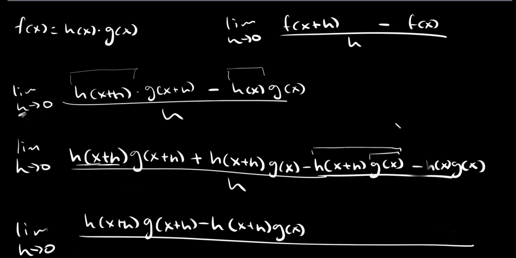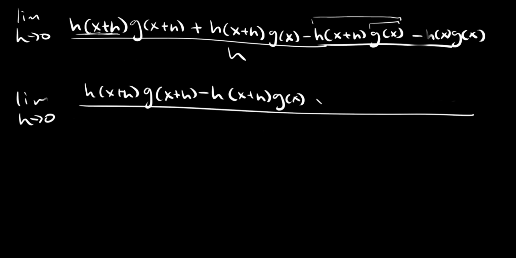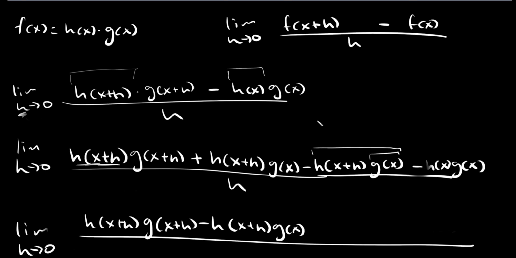Because I'm going back here. You see, there's a negative sign. I want a negative sign. I don't want a positive sign. If there's a positive sign, I can't find the derivative. So I'm putting a negative sign here because of this.